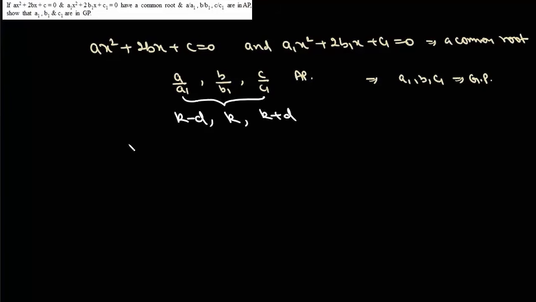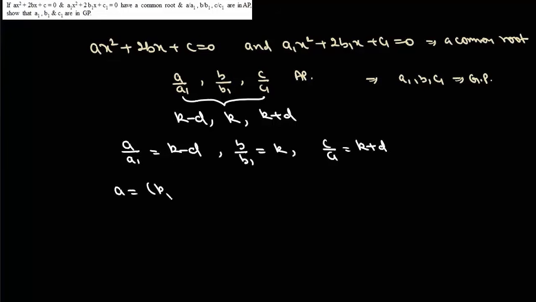So a upon a1 is k minus d, b upon b1 is k, and c upon c1 is k plus d, or we can write a as k minus d into a1, b as k into b1, and c as k plus d into c1.